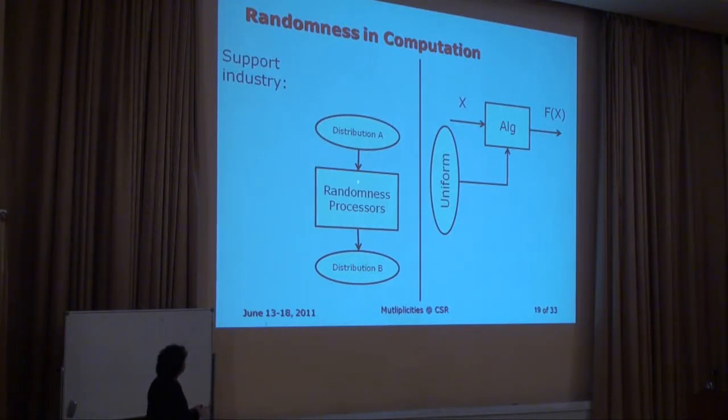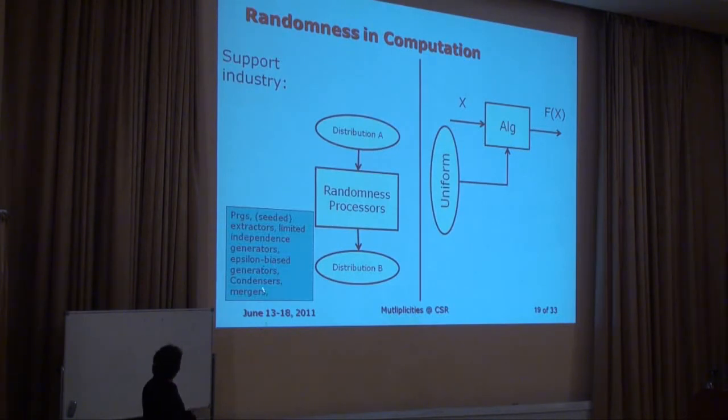These algorithms never see the distribution, they never produce a distribution, but their analysis always asks the question, what is this distribution, what is that distribution? Everything that you study in the field of pseudo-randomness, pseudo-random generators, extractors, limited independence generators, epsilon bias generators, condensers, mergers, and others are all objects of this nature.